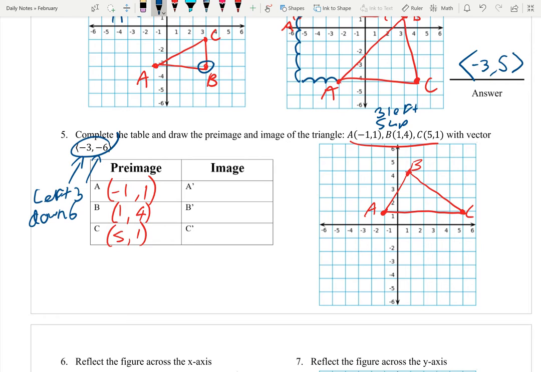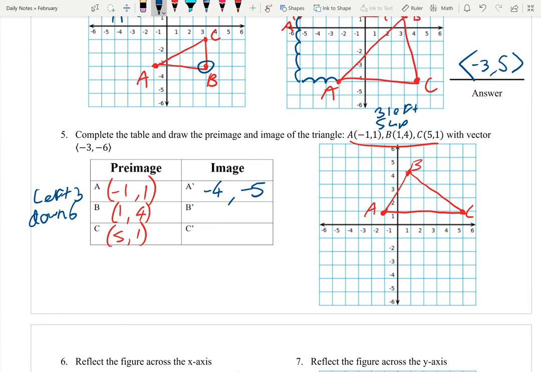Now the way you could do this to fill in these parts is subtracting 3 and subtracting 6. So subtracting 3 from the x's, subtracting 6 from the y's. If we take this x value and subtract 3, -1 minus 3 would be -4. And if you take the y value 1 and subtract 6, 1 minus 6 is -5.